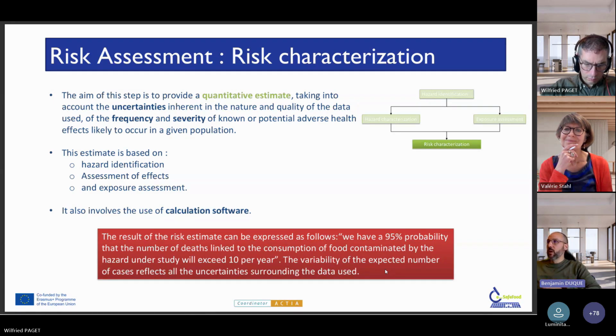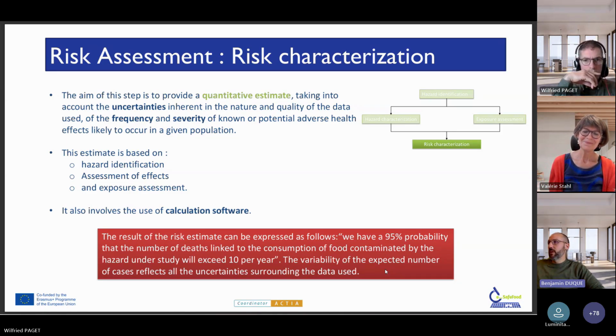Just an example: we have a 95% probability that the number of deaths linked to the consumption of food contaminated by the hazards under study will exceed 10 per year. And the variability of the expected number of cases reflects all the uncertainties surrounding the data used.